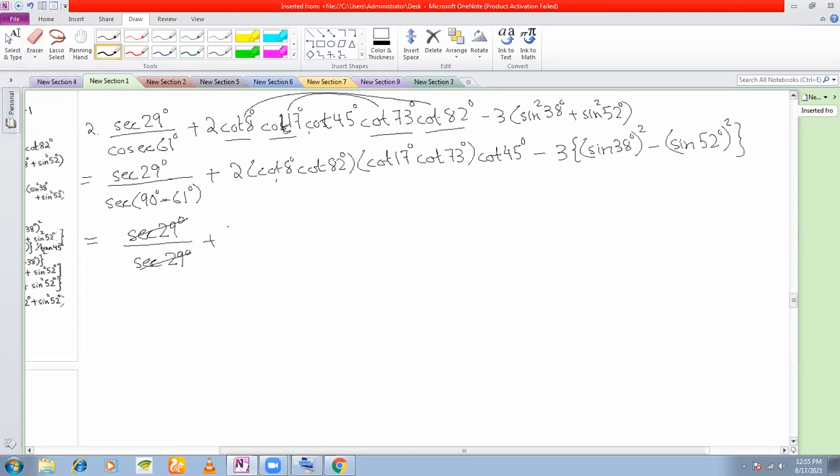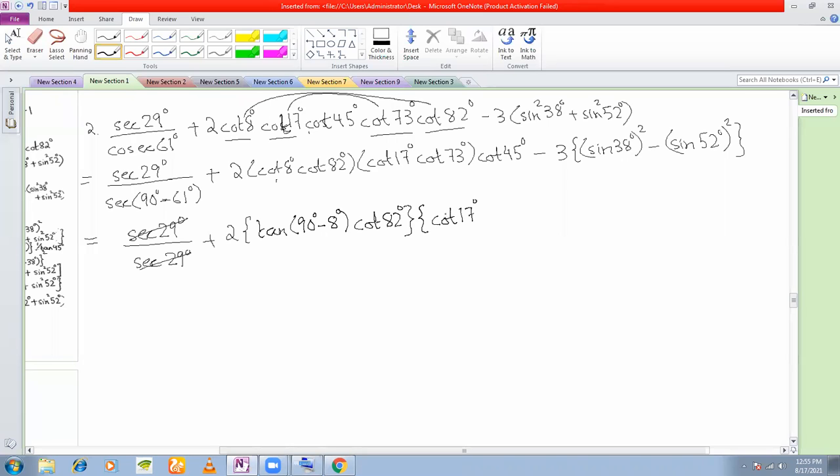See why. Because suppose I want to change this cot 8 degree to tan. So I write, instead of cot 8 degree, I write tan 90 minus 8. And this other cot I keep as it is. Similarly here, let's change this time.